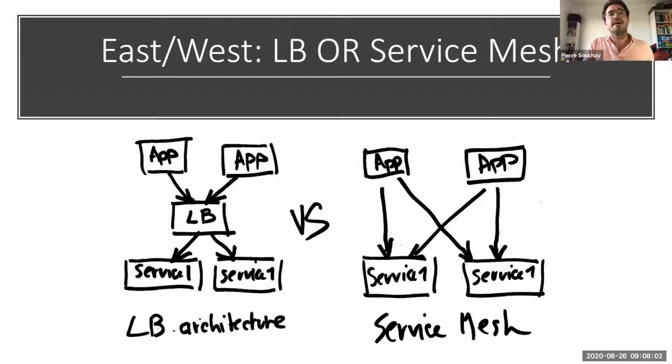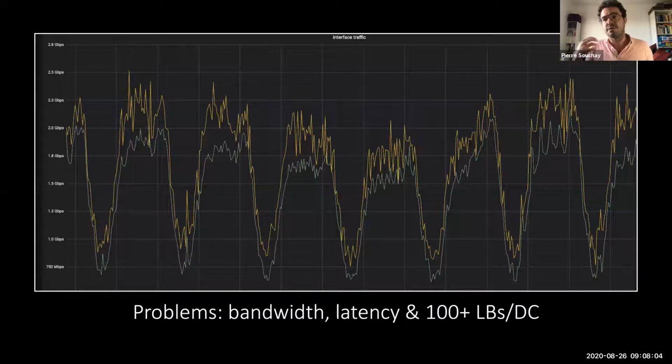Just to give you some insight about what kind of load we have to handle, this is a real graph of the bandwidth on one server of one of those microservices. As you can see, it handles more than 2 gigabytes of data on the interface.